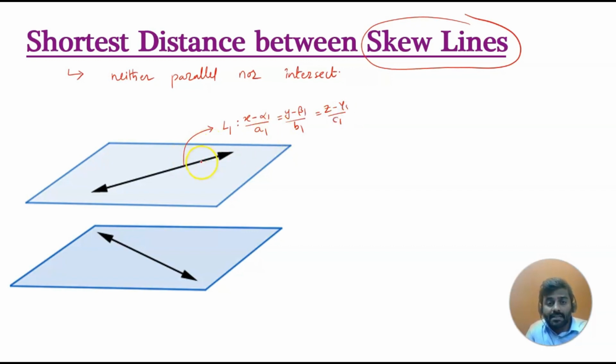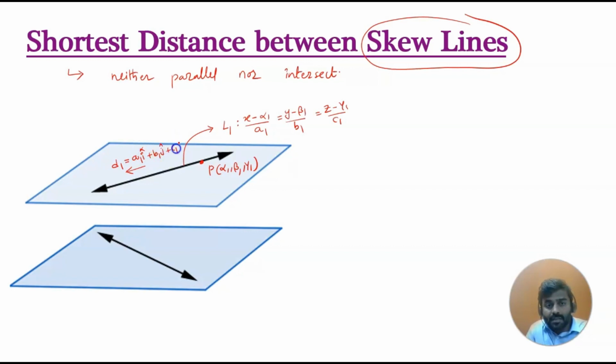It means the line is passing through a point P (alpha 1, beta 1, gamma 1), and having the directional vector d1, which is nothing but a1 i cap plus b1 j cap plus c1 k cap.